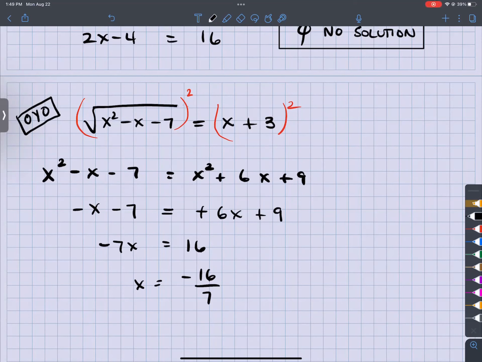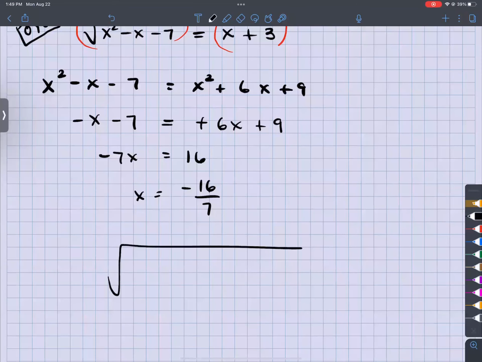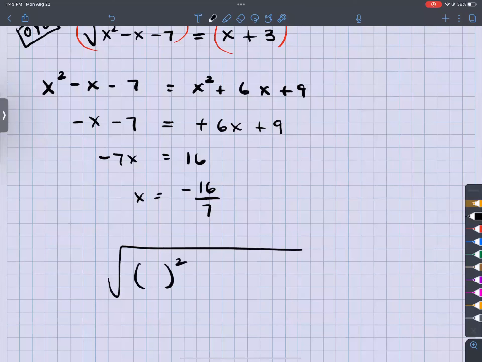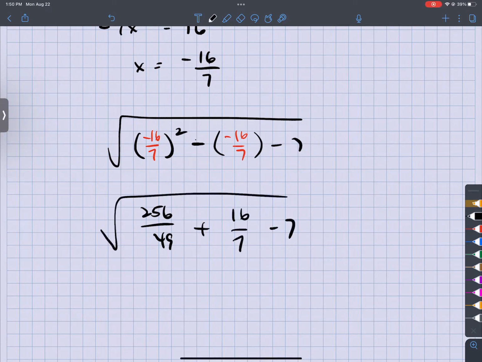Now the lab work, you can kind of show me the work on the check, right? But if you were to put in the square root of 256 over 49 plus 16 over 7 minus 7 in your calculator, and it came out, I'm good with that.